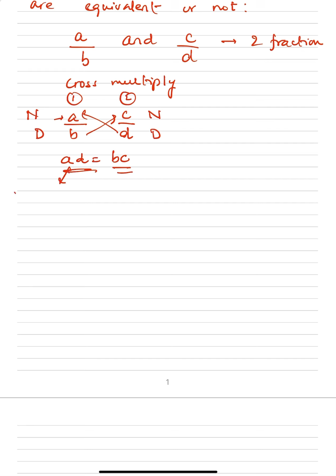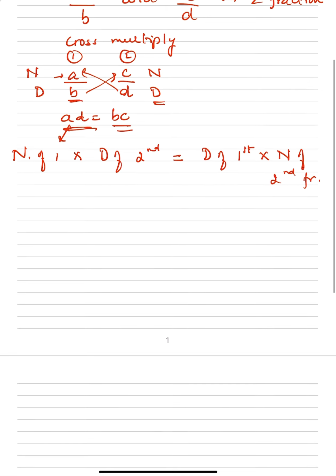So A is the numerator of the first fraction and D is the denominator of the second fraction. Similarly, B is the denominator of the first fraction and C is the numerator of the second fraction. Their products should be equal.